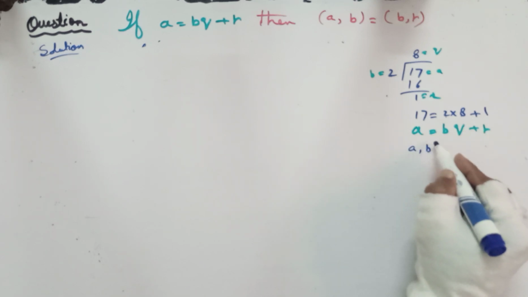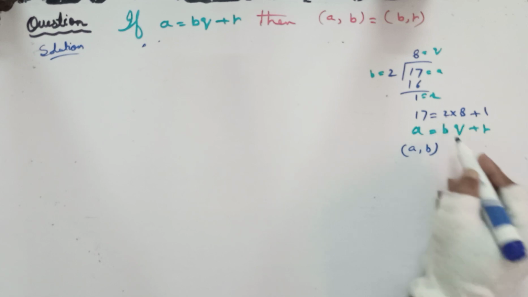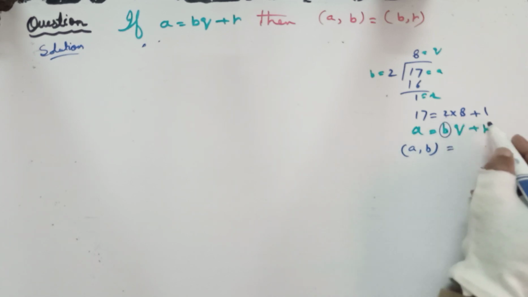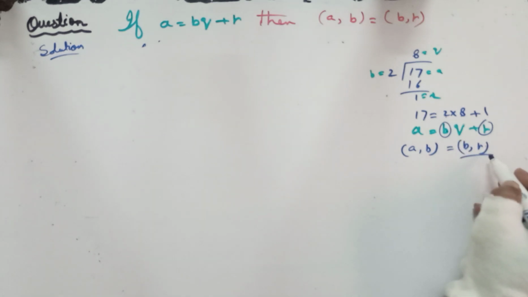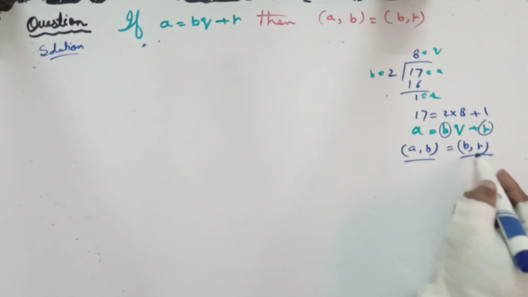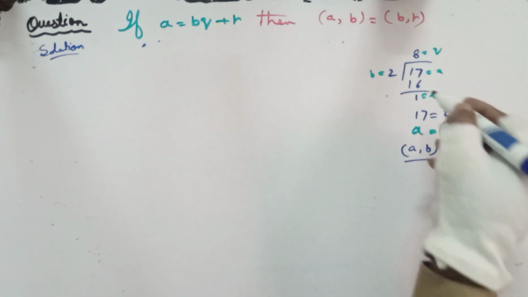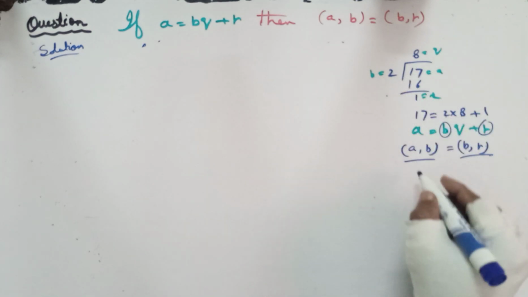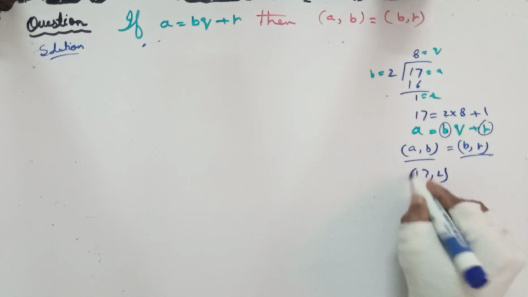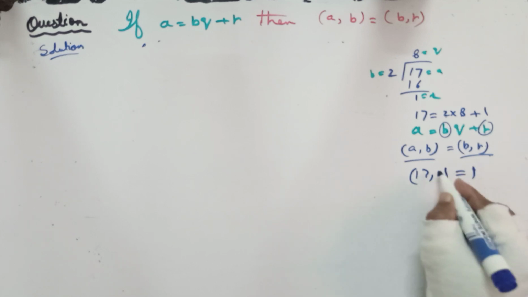Here we want to prove that the GCD of these two numbers is equal to the GCD of B and R. Their greatest common divisor is the same. If I see in this example, the GCD of 17 and 2 is 1.